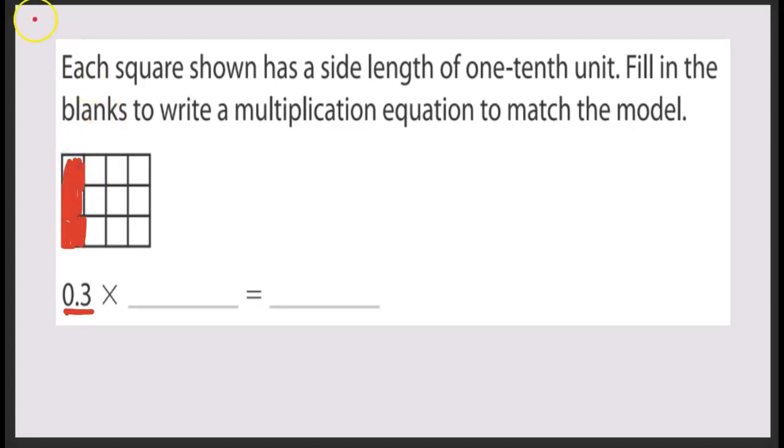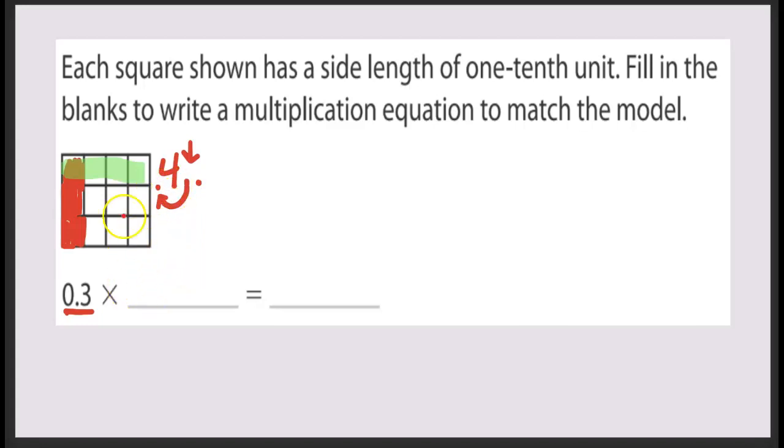Okay, so we're going to be looking at, in a different color, the rows. How many are in the rows? 1, 2, 3, 4. So if they're represented by tenths, we know that we're not talking whole numbers, but we can make this whole number a decimal by moving that understood decimal that I was talking about in previous lessons. That's right here. We can move it one place to the left, and so it would be a tenth.